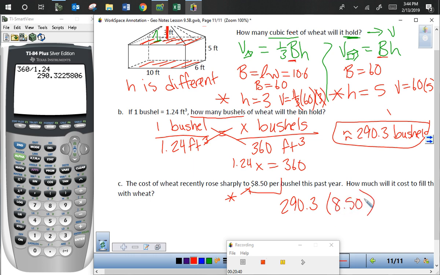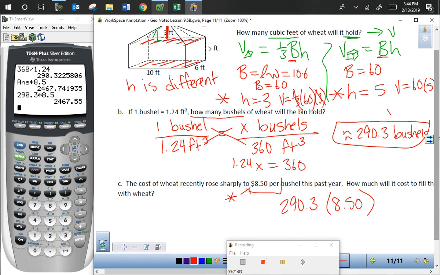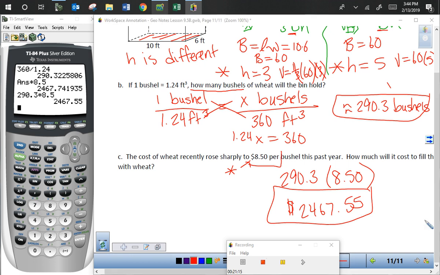You have this number in your calculator, so you're welcome to just take it times 8.50, but you'll notice that's a little bit different from the price if you use 290.3 times 8.50. This is if we don't round our answer, and this is if we do, and it's just different by a few cents. Most commonly we use the rounded version, so I'd say this is going to cost $2,467.55.